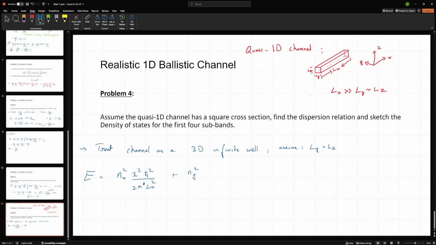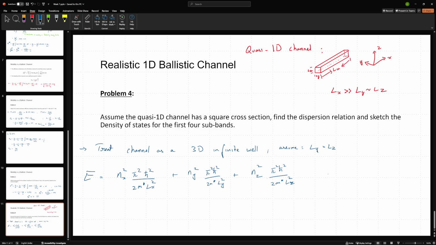These two are equal numerically. This is not a hard and fast condition. Everything that we are going to do here holds even if those two lengths do not match. So ny squared times a similar quantity, pi squared h bar squared divided by 2m star Ly squared, plus nz squared pi squared h bar squared divided by 2m star Lz squared.